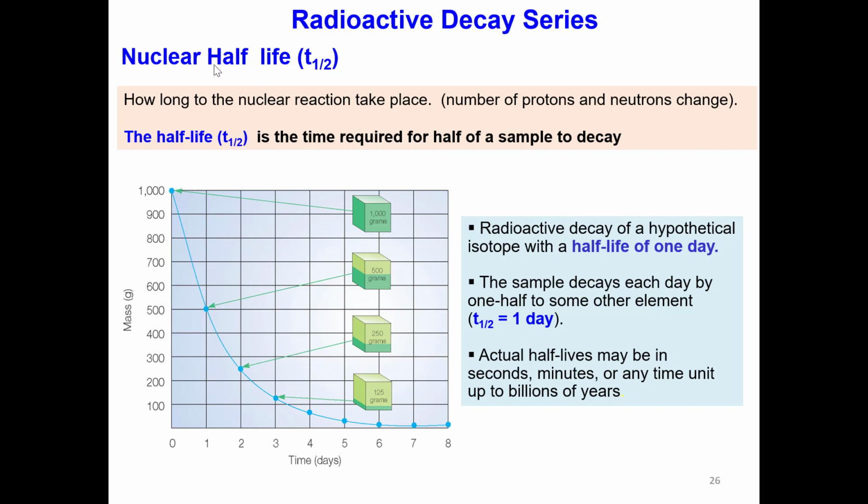The nuclear half-life is how long the nuclear reaction takes, meaning how much time it takes for the number of protons and neutrons to change. The half-life, which has this symbol, is the time required for half of a sample to decay.